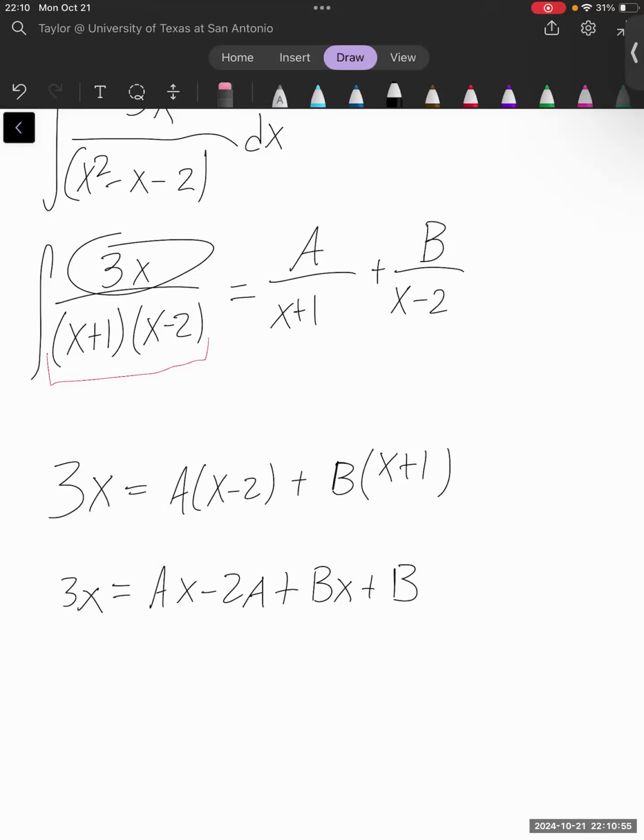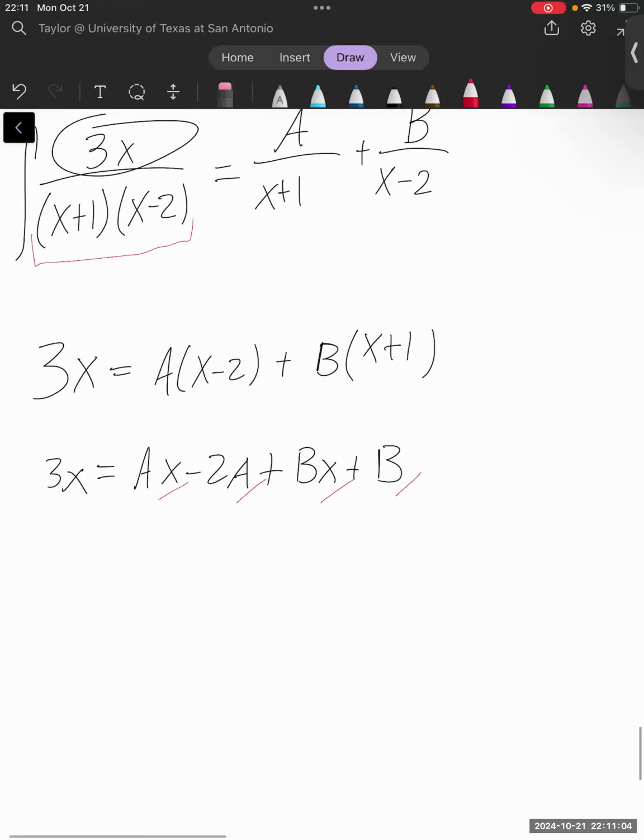And then what I see here is I have an ax and a bx, and then an a and a b. So kind of manipulating this expression and pulling out constants, I'll show that to you guys. So we get ax plus bx minus 2a plus b.